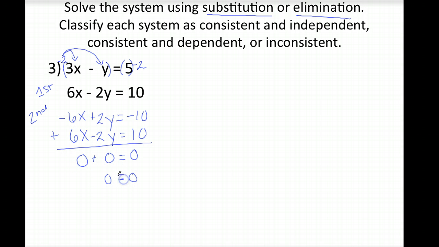So this is our solution here. Now let's take a look at what this means. We want to ask ourselves, when does 0 equal 0? It's always true. So since 0 always equals 0, and it's always true, we have infinitely many solutions.